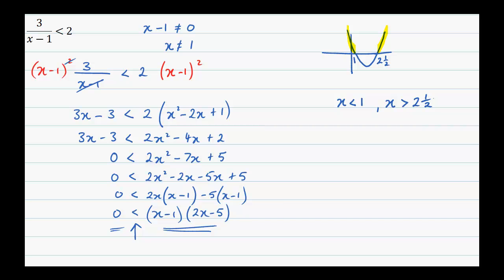Now, before I say that that's my final solution, I need to just double check what I wrote up here and check that that value 1 is not in my solution set. So 1 is not less than 1, and 1 is not greater than 2.5. So that's my final solution. And that's it.